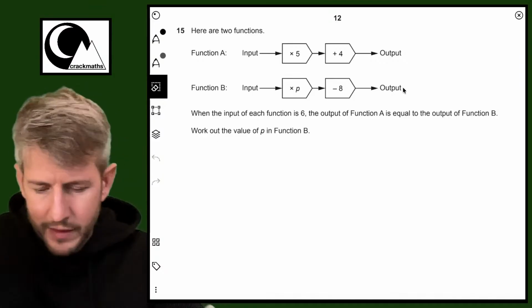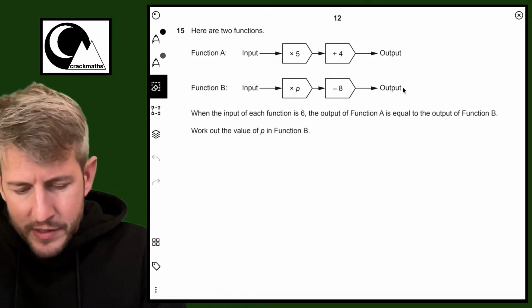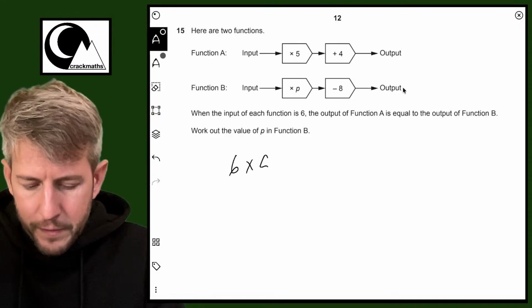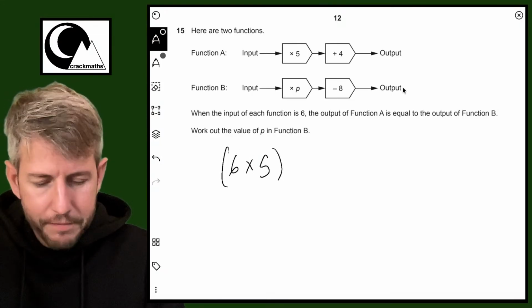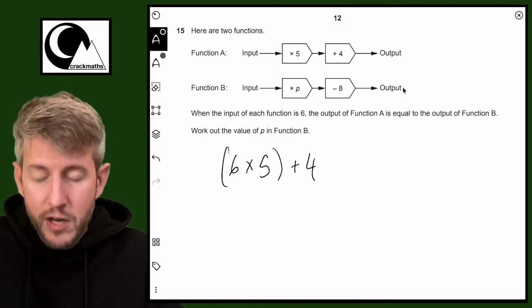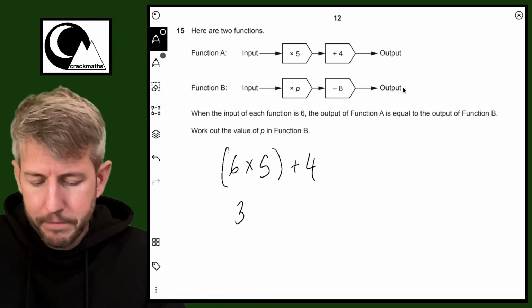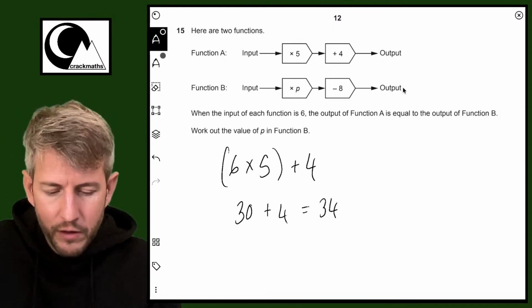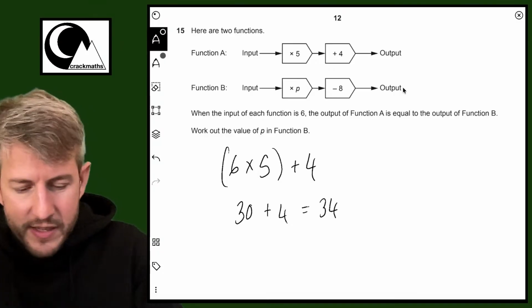Okay, so let's put these values in. So we've got 6, and then we're going to times it by 5. We're doing that first, and then we're adding on 4. So 6 times 5 is 30, and then add 4 gives us 34. So there we go, we've got what this is, 34.